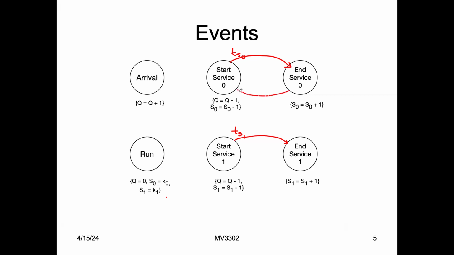This is right out of the multiple server queue. But you need to be a little careful. When we turn this around and have two different types of customers, then we have to worry a little bit. It's the same thing here. If there's somebody in the queue, the condition is the same, then we're going to schedule another start service there. So these are the easy ones.